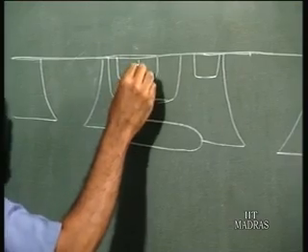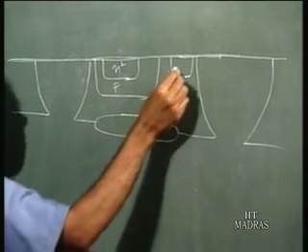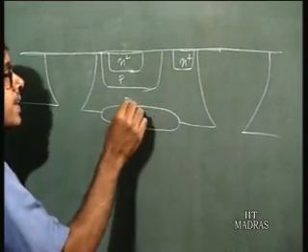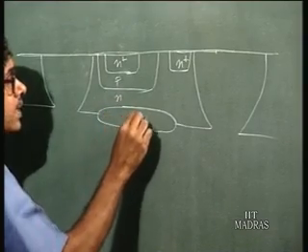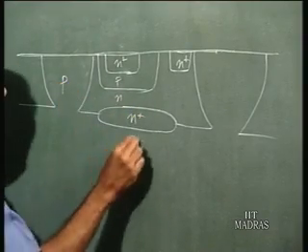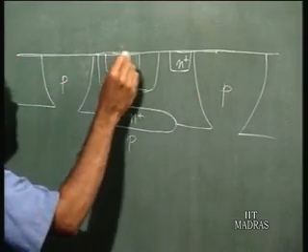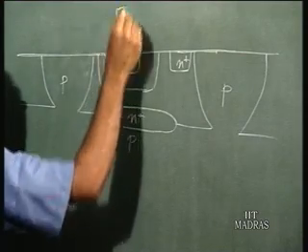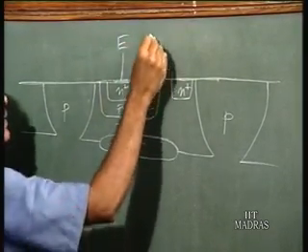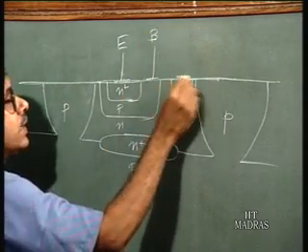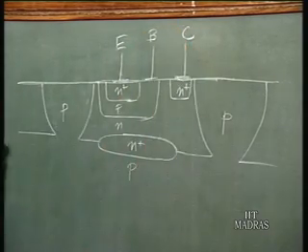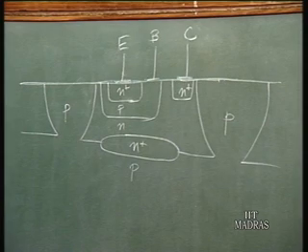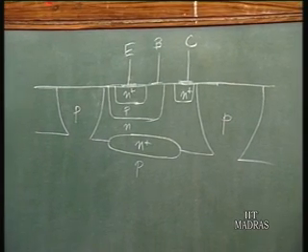So, this is the N plus, P, N plus, N, N plus, this is P, P, P. So, this is the emitter contact, you have the base contact here, and this is the collector contact. So, this is the integrated circuit bipolar transistor.